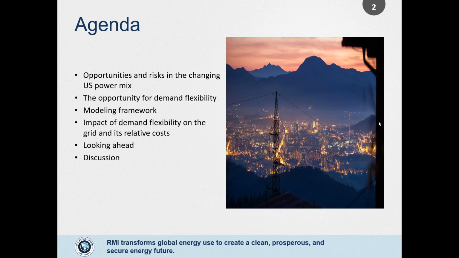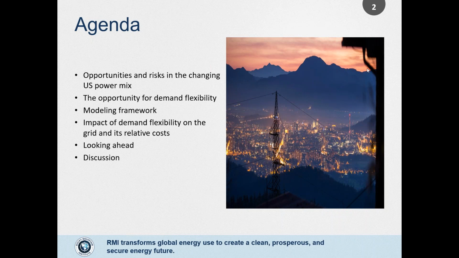Hi, everybody. Thanks for joining the webinar. As Thomas said, my name is Cara Goldenberg, and I work with the Rocky Mountain Institute. And today I'm going to discuss a report I wrote with my colleague that was published back in February, and it is called Demand Flexibility, the Key to Enabling a Low-Cost, Low-Carbon Grid.